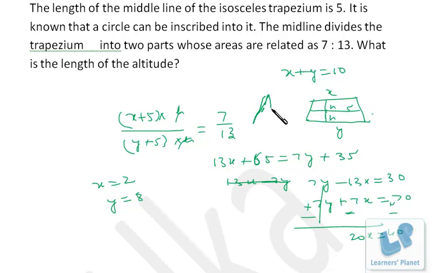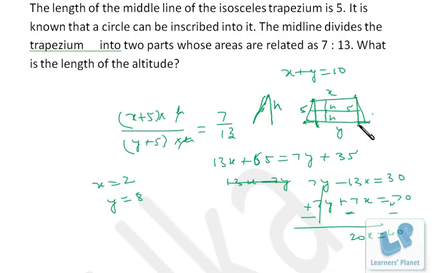Just see here. We have to find out this h, right? I just draw it over here. This is 5. This length from here to here will be 2 because x is 2. The entire length from this point to this point is 8, and these two portions will be equal.